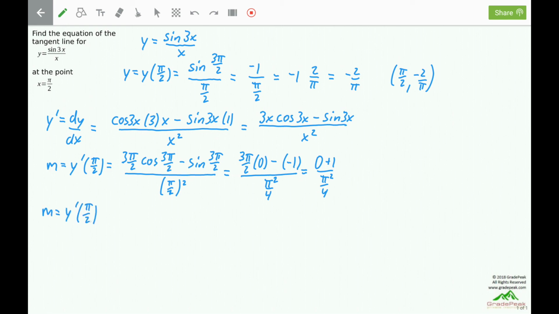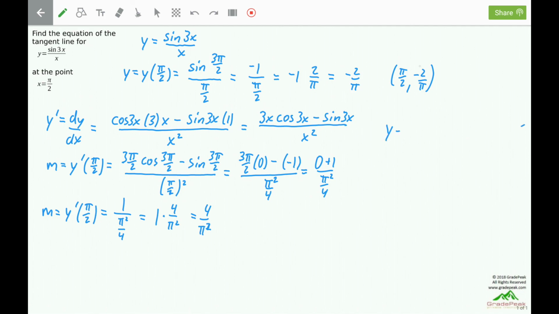So our slope, or y prime of pi over 2, is going to be 1 over pi squared over 4. Well, we can reciprocate the fraction in the denominator, 4 over pi squared, to multiply with the numerator, and that will give us 4 over pi squared. So there's our slope. And now we can set up the point slope formula.